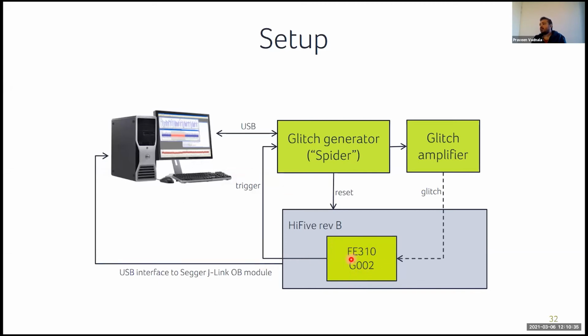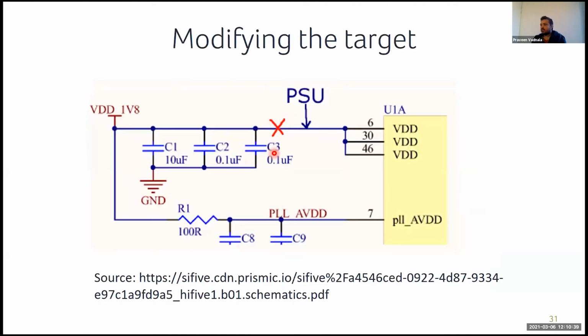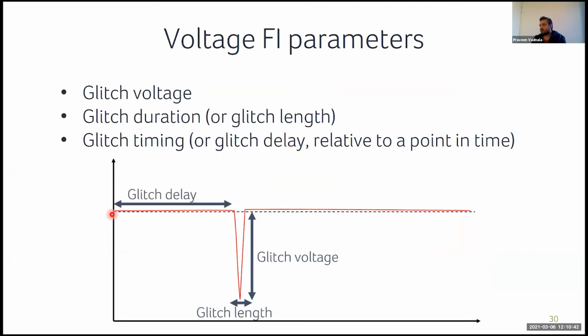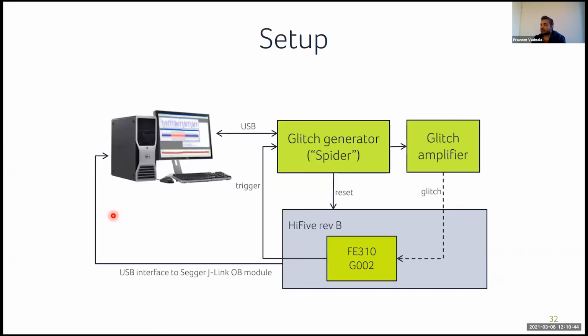And then from the target, you have a trigger signal. Remember, the trigger signal is something that comes here. And then you need to communicate with the glitch generator and the target using a PC. And sometimes it may also be good to have a way to reset the device directly during fault injection.